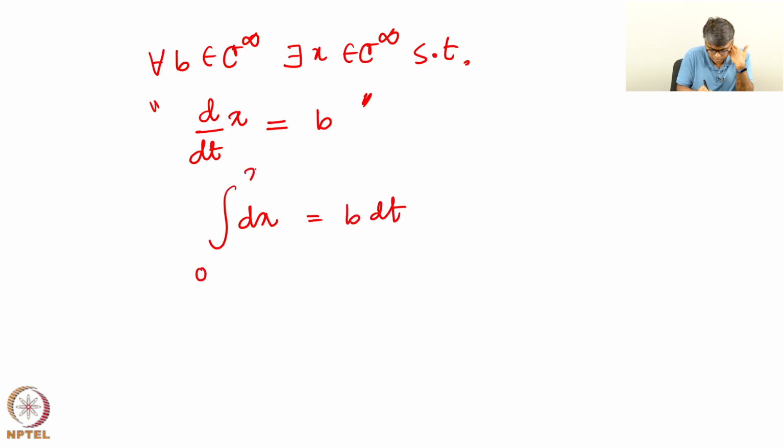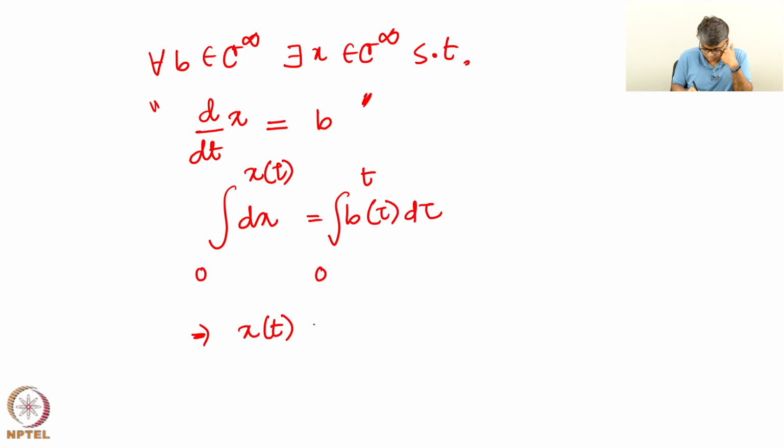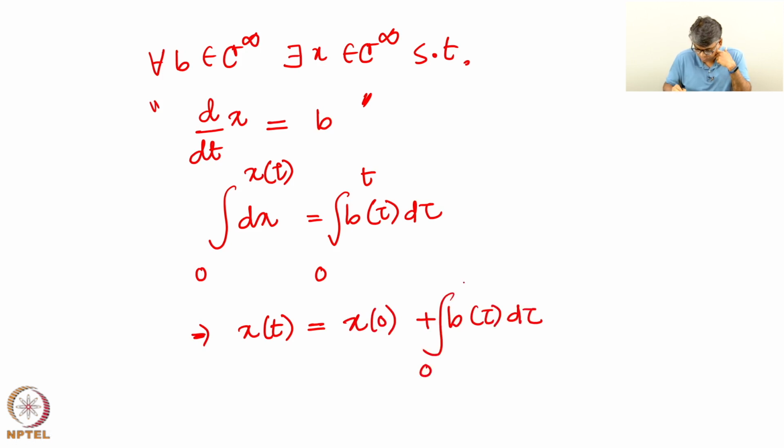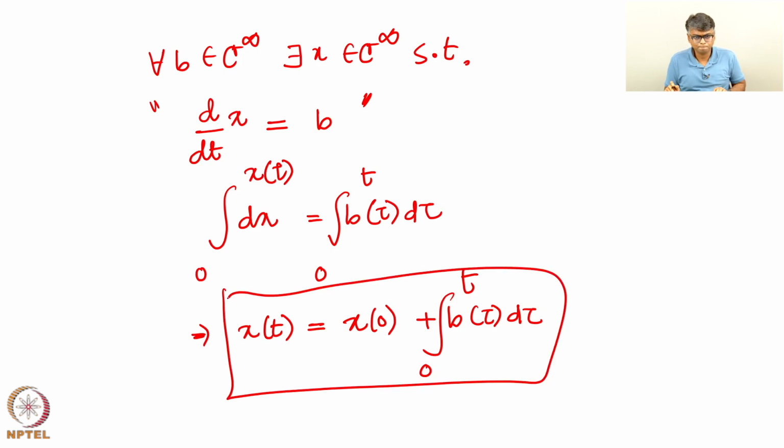So the integral of dx from 0 to t gives x(t) minus x(0), which is the integral from 0 to t of b(tau) d tau. Which then tells us that x(t) is equal to x0 plus the integral from 0 to t of b(tau) d tau. You can take x0 to be equal to 0. That's up to you. So this is the solution that I get.